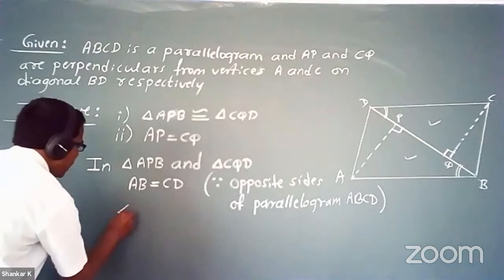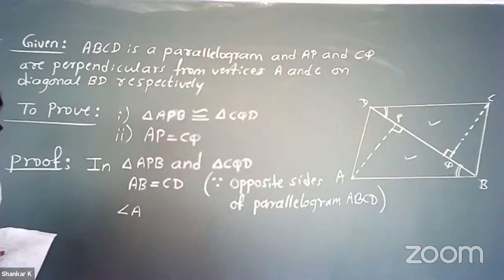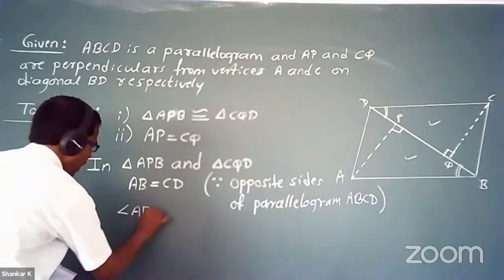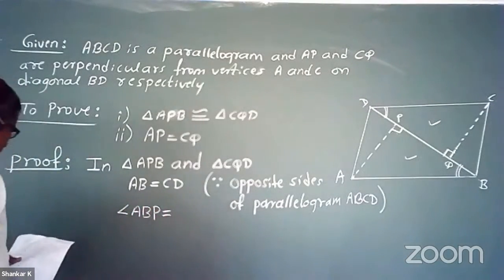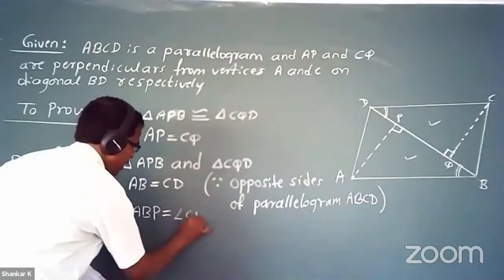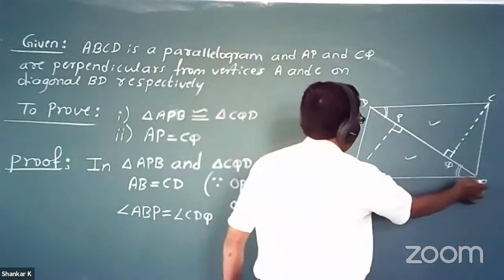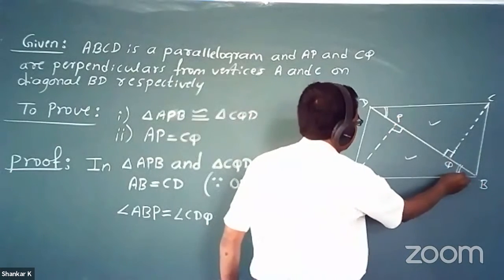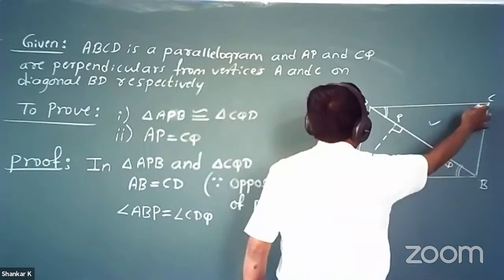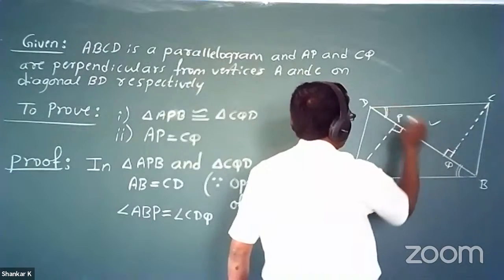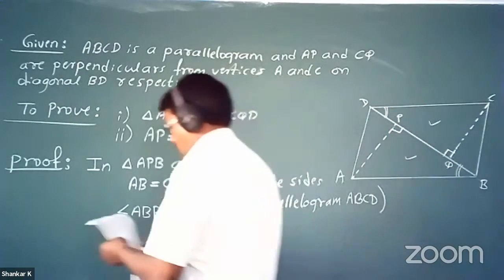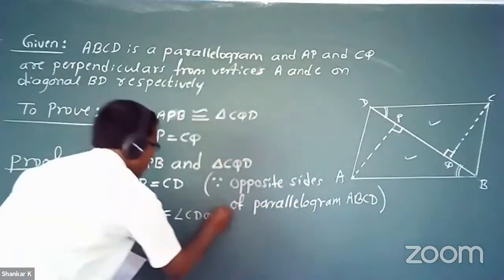Then angle ABP equals angle CDQ. Where is ABP? This angle equal to this angle. Why?